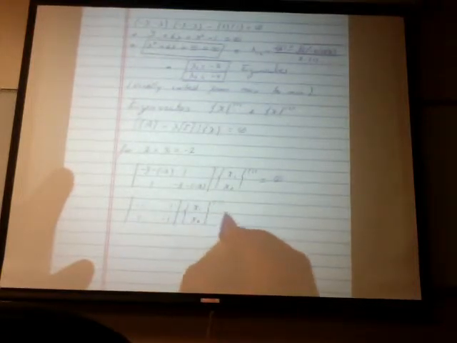So that would be 3 plus 2 is minus 1, 1, 1, minus 1, times x1, x2, eigenvector 1.